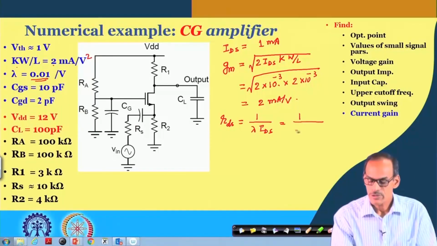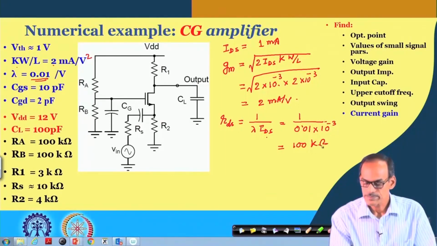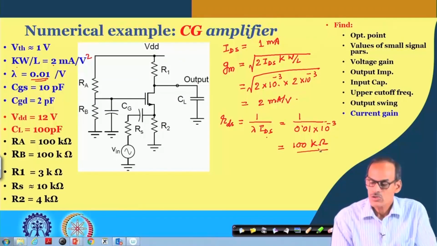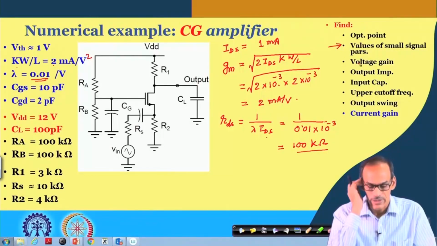So, this is 0.01 multiplied by 1 milliampere, so you can see 10 to the power minus 3. So, that gives us RDS equal to 100 kilo ohms. So, we obtain now the small signal parameters, and then we can proceed for the voltage gain.